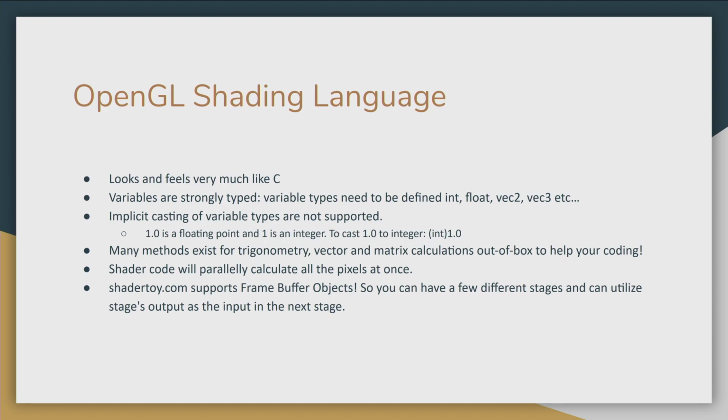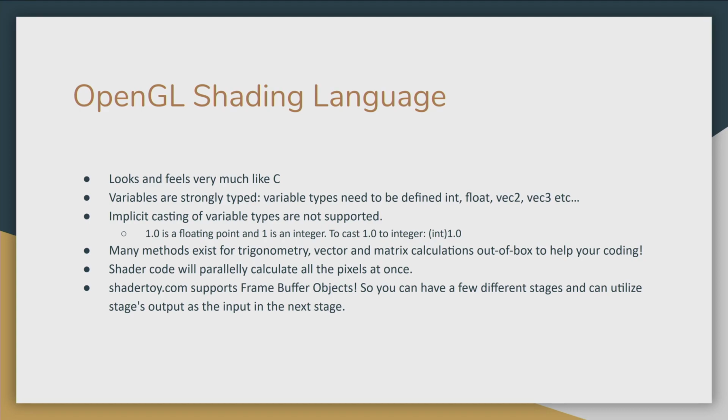But there is also a workaround here called frame buffer objects. So basically in Shadertoy you can have multiple working stages where you can create some part of the effect and then use the working stage output as an input for the next stage. You can utilize these buffers, for instance, if you would want to do a glow effect or pixelize your screen or whatever you want to do.